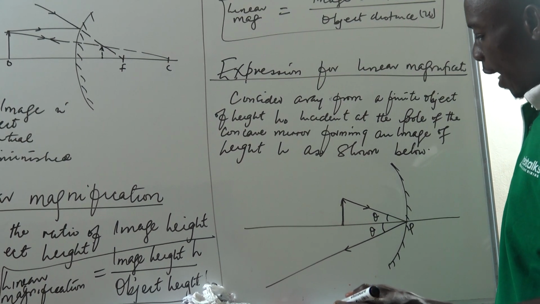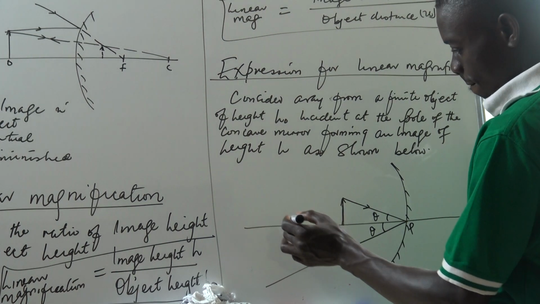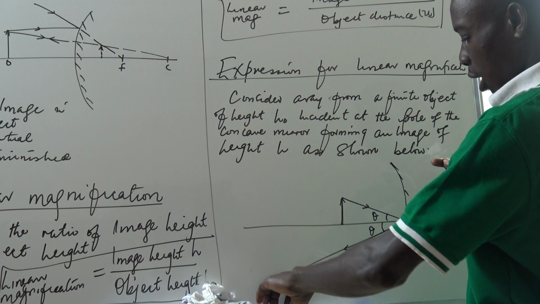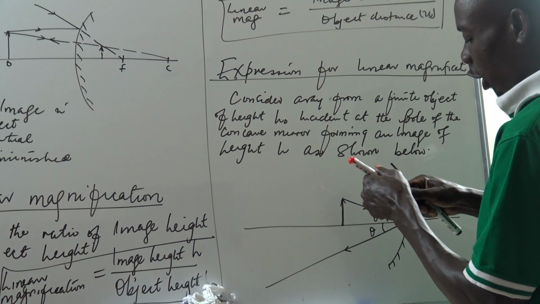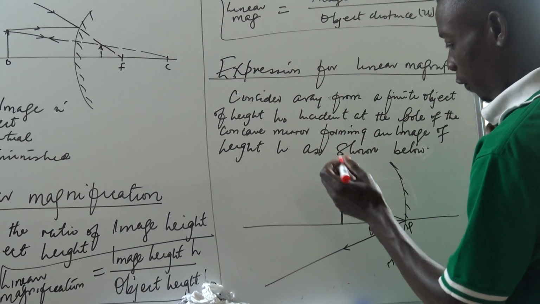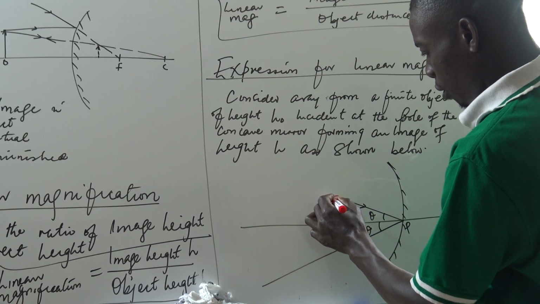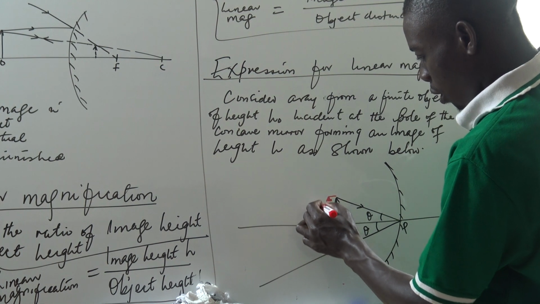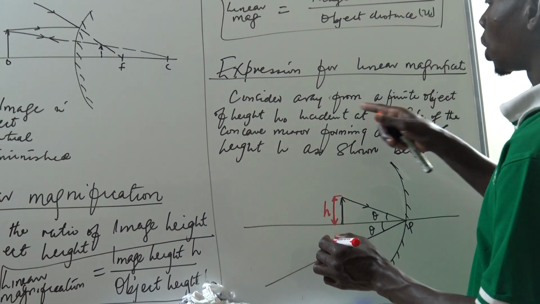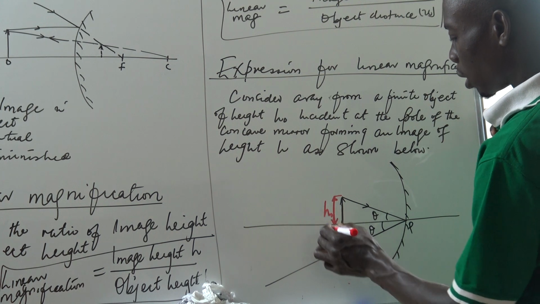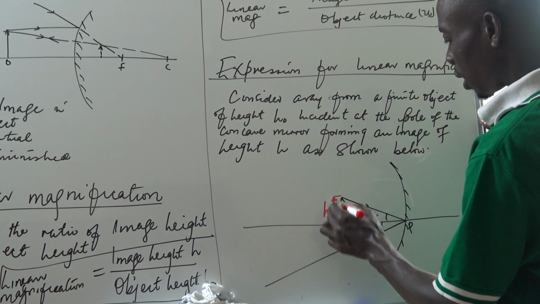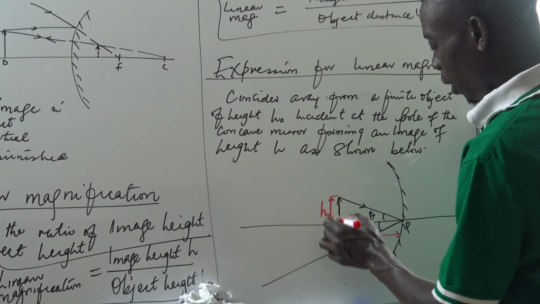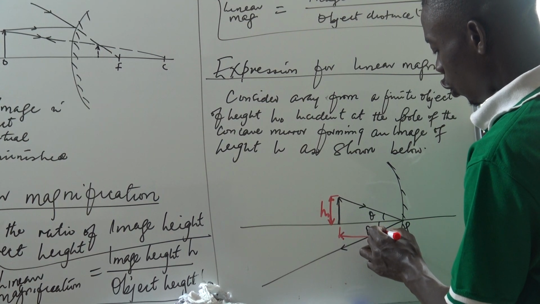And then if this is the height I'm talking about, h naught, and this is the distance of the object, u.